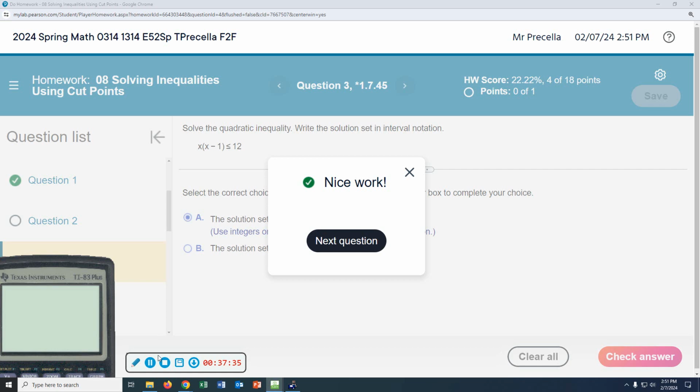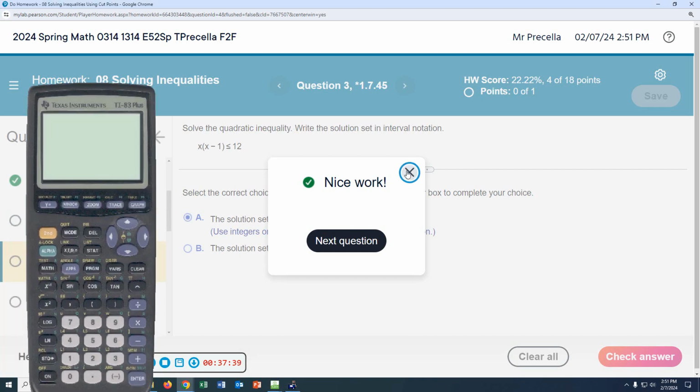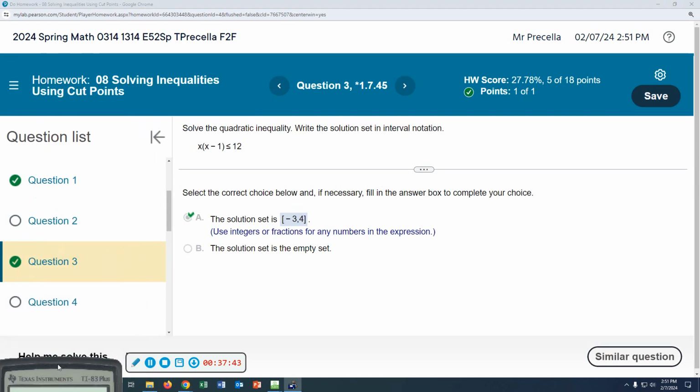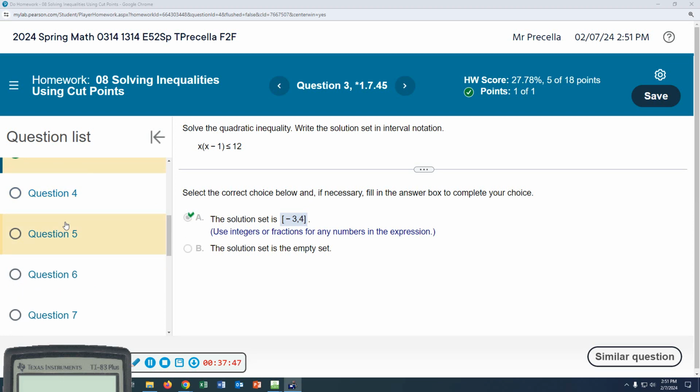A colleague said a long time ago, this will solve any type of inequality, even if you don't understand why it's working. But as you do more, hopefully just keep in mind you're fighting for it equals 12, everywhere else it's less than or greater than, and that's what you're doing with the testing.